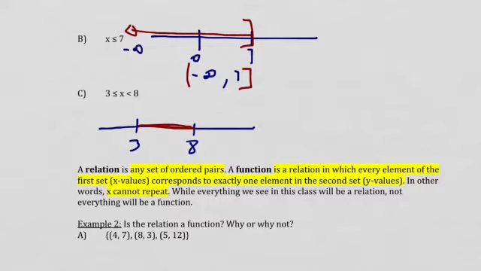X is between 3 and 8, and I will have a bracket for the 3 because I have an equal, and I will have a parenthesis for the 8 because I don't have an equal, and so my interval notation is going to be bracket 3, 8, parenthesis. On an interval notation you will always have the lowest number on the left and the highest number on the right. Lowest number on the left, highest number on the right.